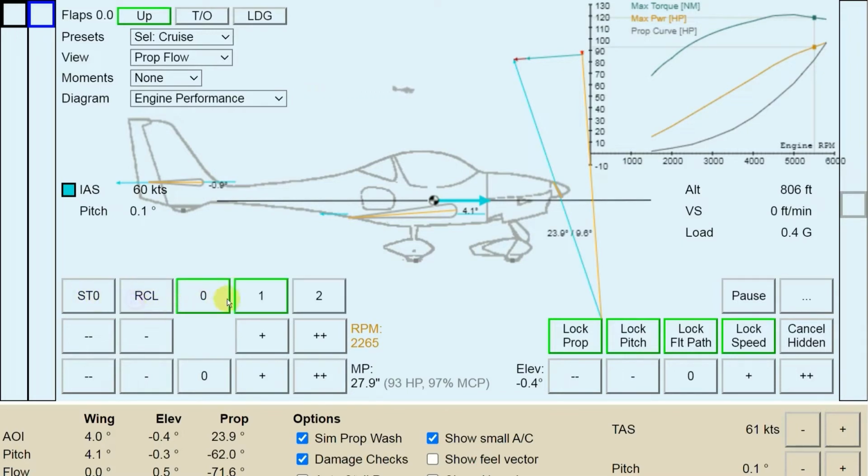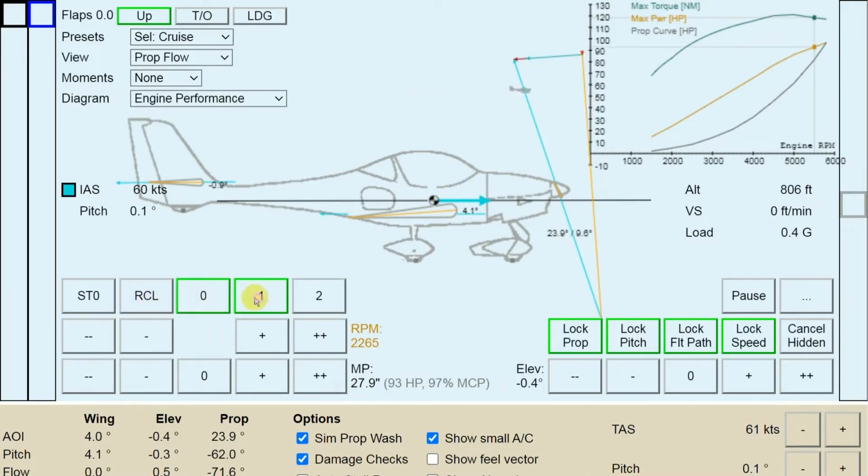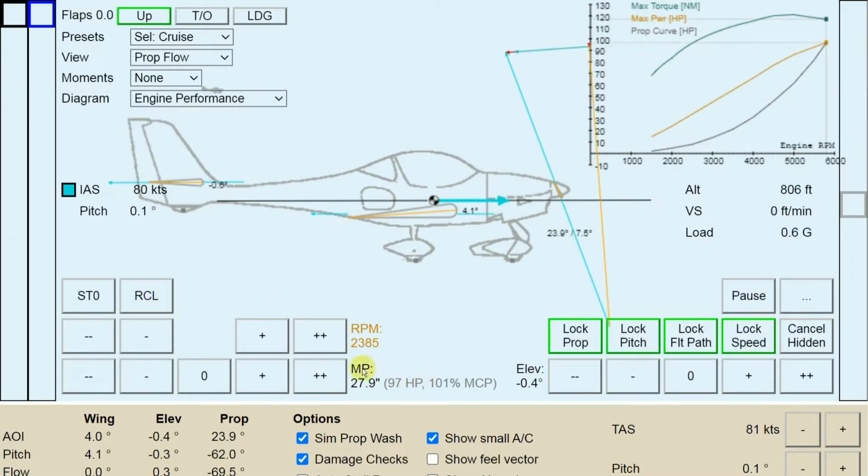Now, if we compare the two situations, we see that slowing down causes a drop in RPM as well as in engine power, from 97 horsepower to 93 horsepower. And the question is, why do we see a drop in engine power although we didn't touch the throttle?